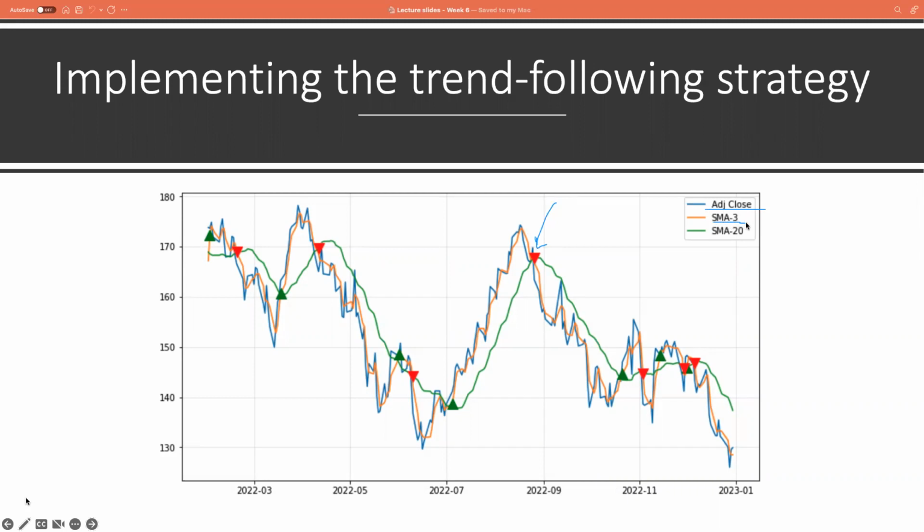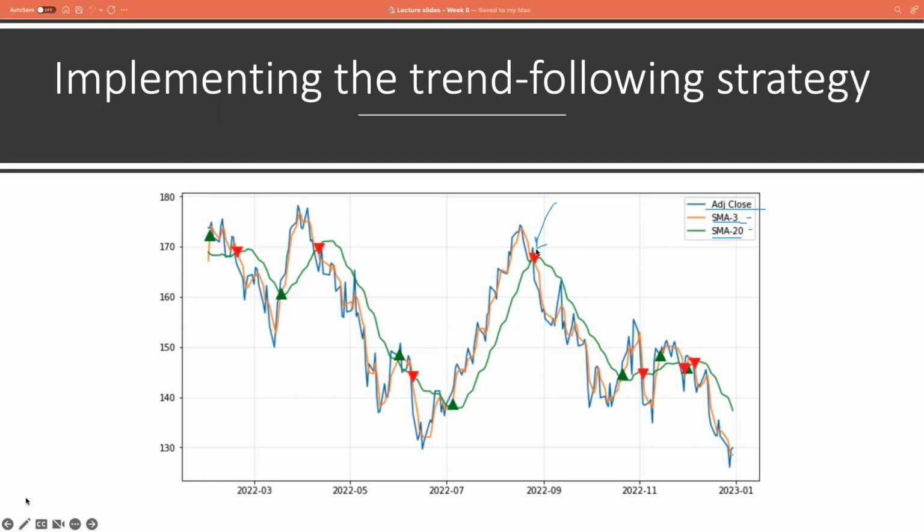One is the short-term moving average with a window size of 3. The other one is the same moving average with a window size of 20. So this is a short-term moving average, and this is a long-term moving average. And we want to use these two moving averages to generate the trading signal.